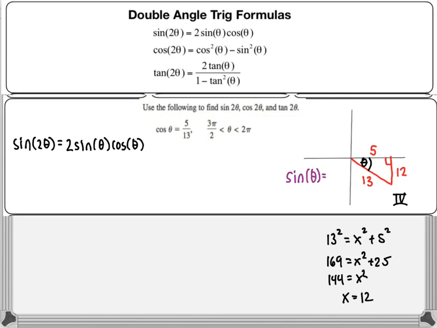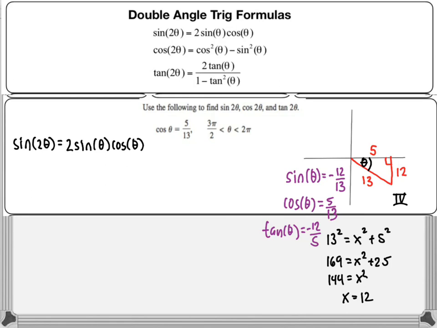So the sine is going to be 12 over 13, but it's in the fourth quadrant, so it's a negative 12 over 13. Cosine, which is given to us, so the cosine of theta is a positive 5 over 13, and the tangent of theta is opposite over adjacent, but it is in the fourth quadrant, so it's going to be a negative 12 over 5.